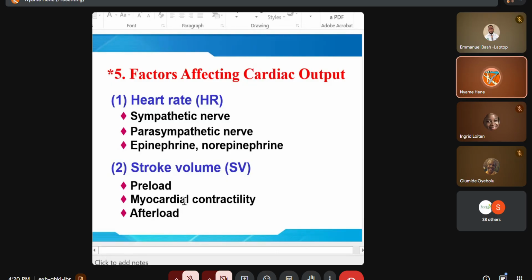Preload is what? Before contraction, or just before the filling. Let me explain this one: preload, myocardial contractility, and the afterload. Pick your bottle, just imagine your bottle.